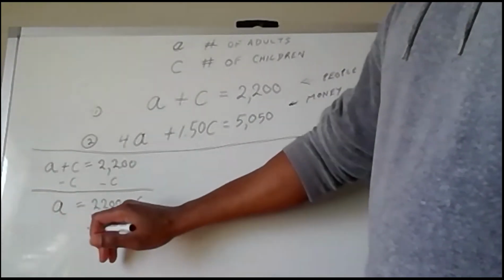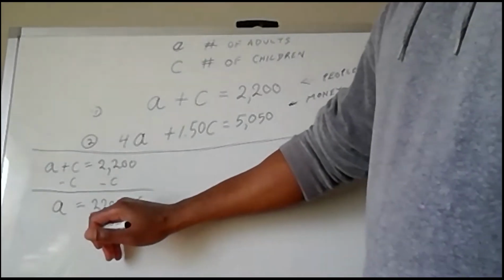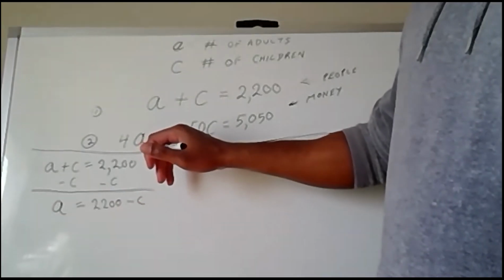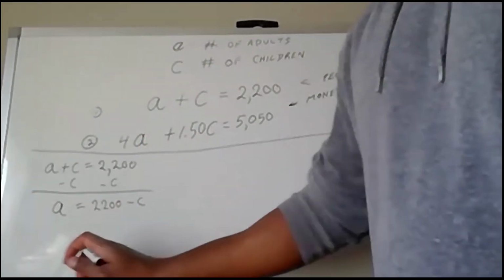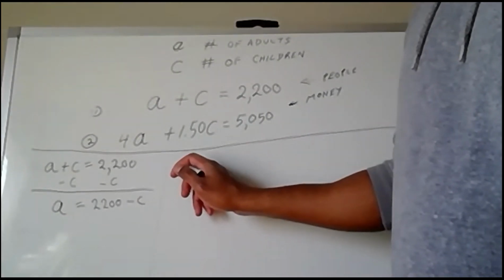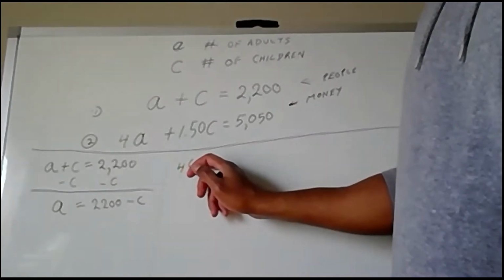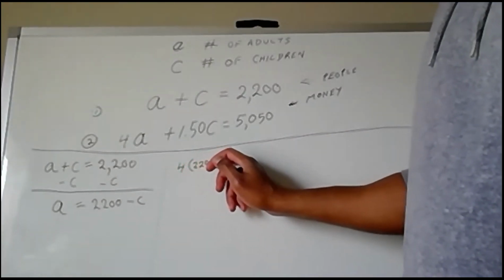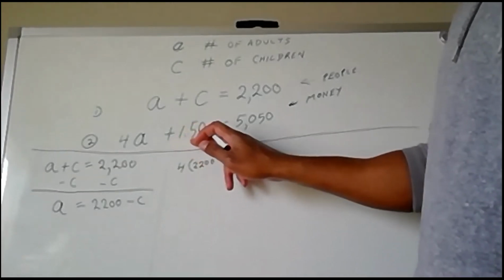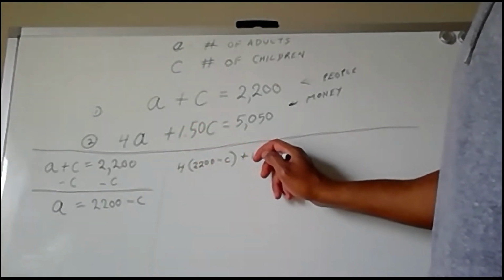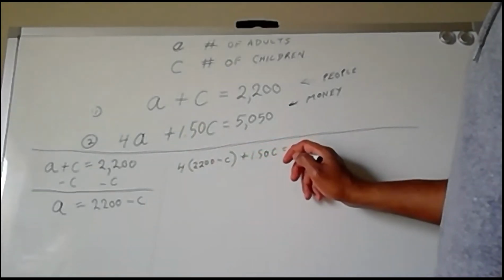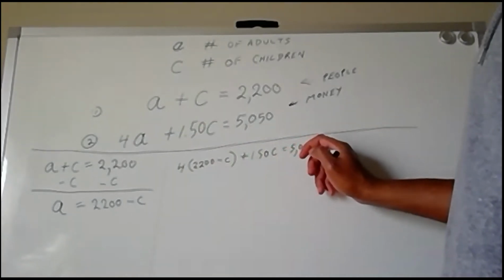Now I'm going to take this part, because that's what A is equal to, and substitute that into my second equation, equation 2, for A. So I'm going to have 4 times (2200 minus C) plus 150 times C is equal to 5050.